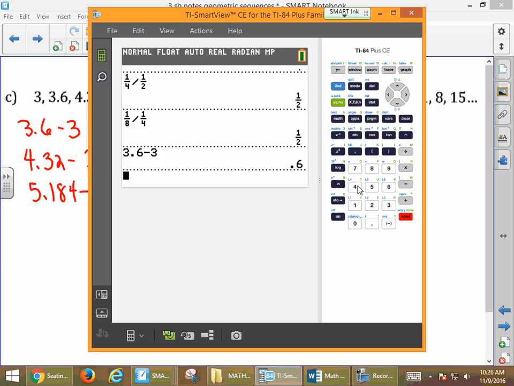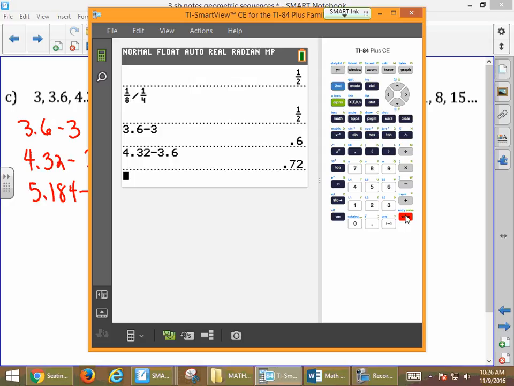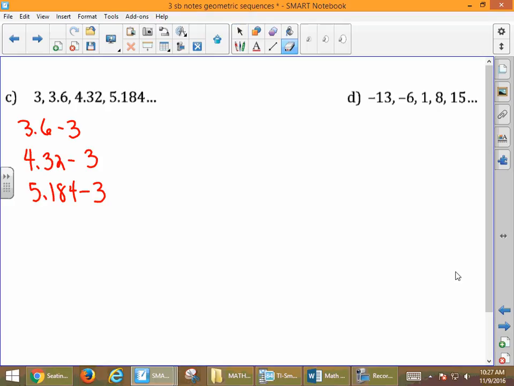But then if we take 4.32 minus 3.6, we get 0.72. So it's not arithmetic. But then we can try our other value here, which is to take these numbers and divide. Let's try 3.6 divided by 3. And we need to try them because the answer could be neither. But we're going to divide.